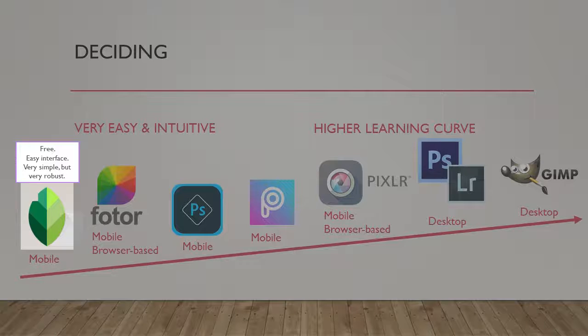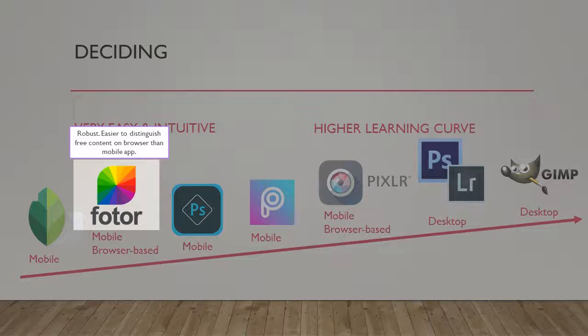This first one that we're going to look at is called Snapseed. It is free and not freemium. It's a very easy and simple interface, but it has lots of very robust editing options. But it's also very low entry point, so it's very simple to use.